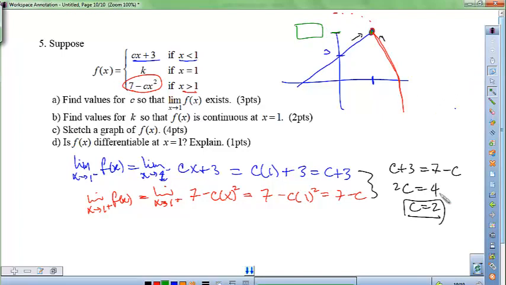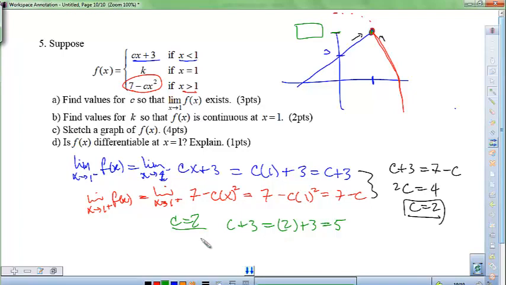Well, when c is equal to 2, we get c plus 3 is 2 plus 3, which is 5, or 7 minus c, taking the second equation, is equal to 7 minus 2, which is equal to 5.